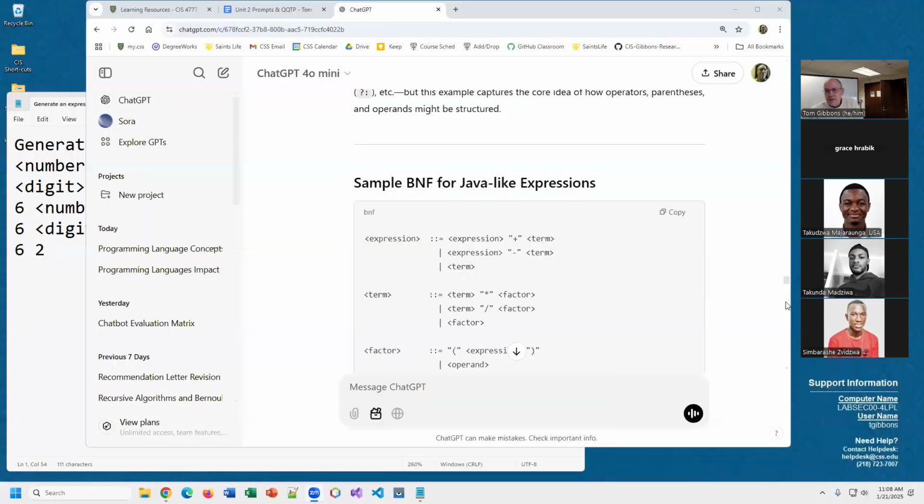All right, let's talk a little bit. Did anyone find examples of grammars that they thought there was a mistake in? Can you explain one? Anyone online find anything?